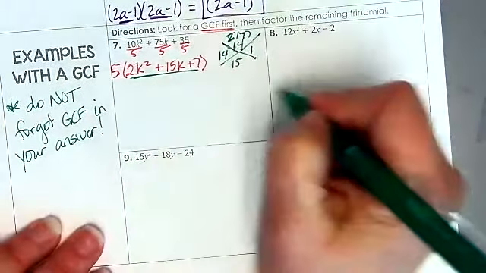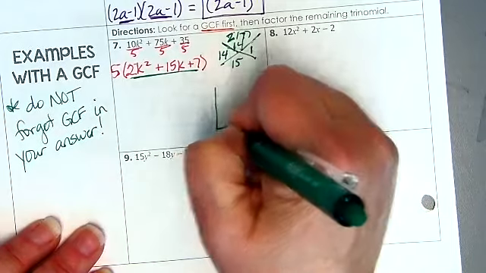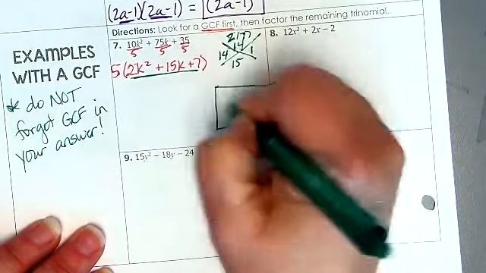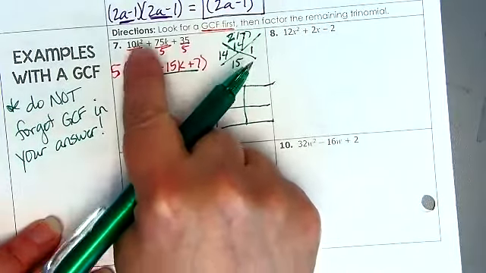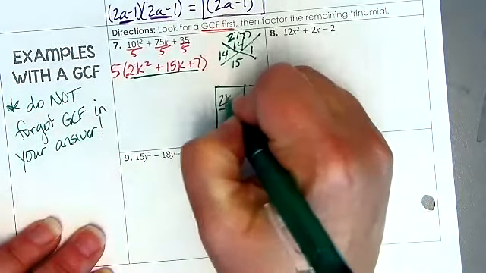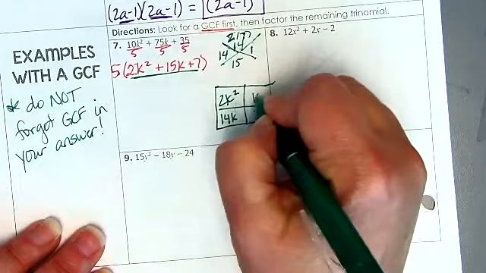Okay, so now we have our factor box. So we have, and we use what's inside the parentheses, not the original at this point. So we have 2k squared and 7, and then we use these terms. So I have 14k and k. And now we factor.